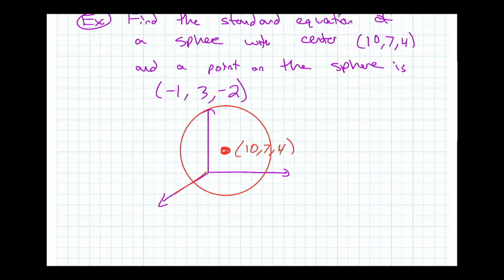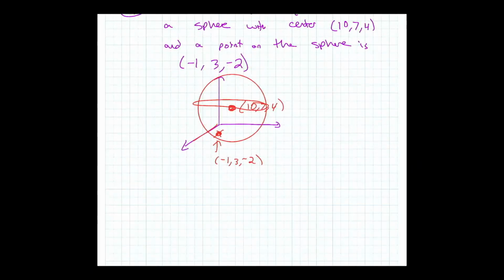So somewhere down here is another point, and that point's actually on the sphere, and it's -1, 3, -2. And that's your sphere.